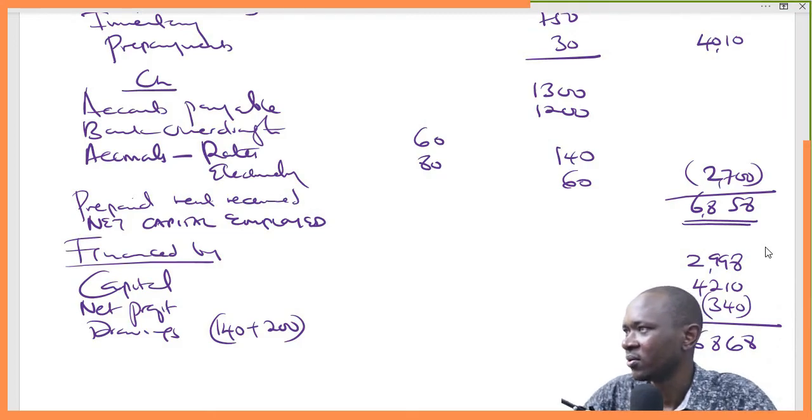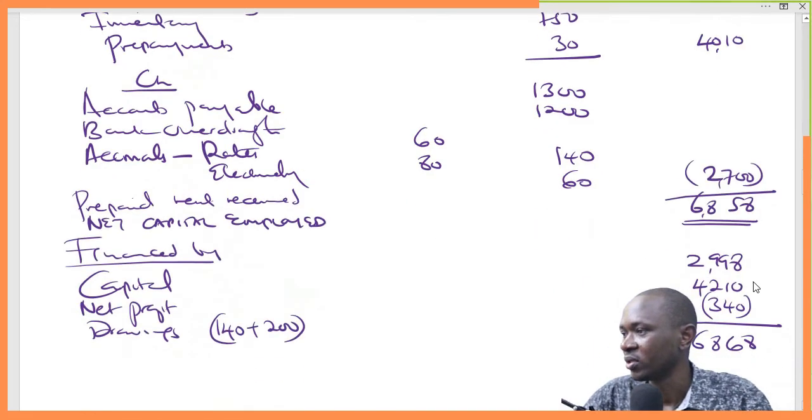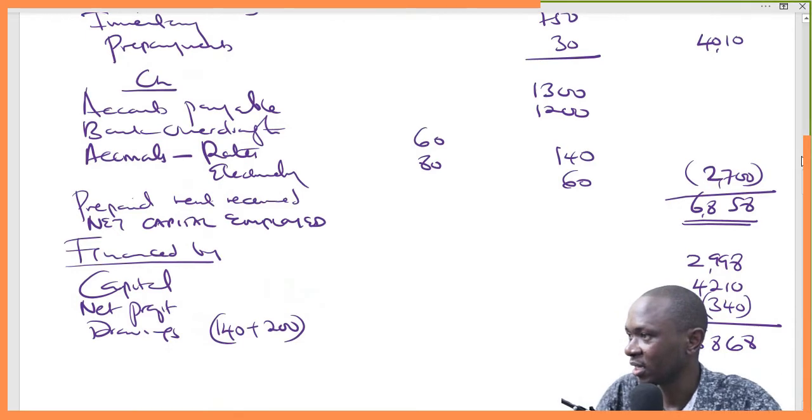And then on the other side we have 55.48 plus 40.10 minus 2700. That gives us 68.58. So the two figures are not agreeing by 10.